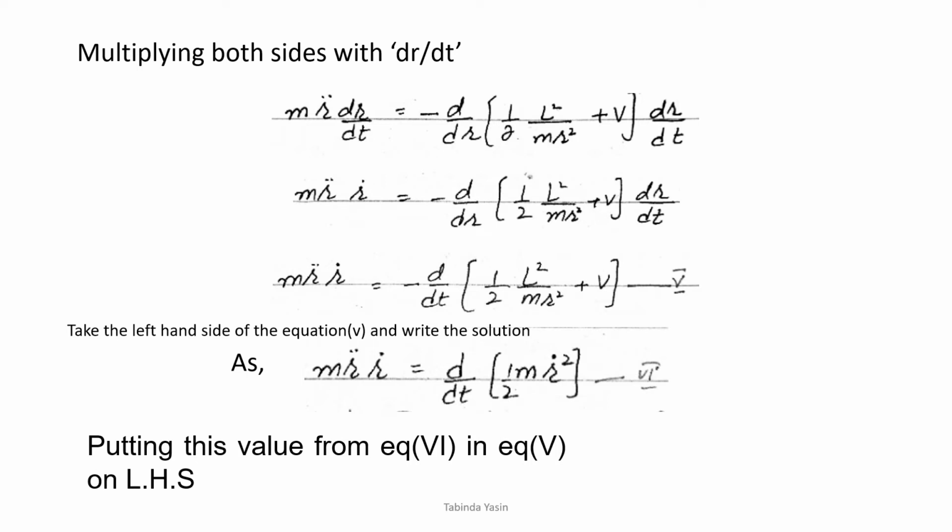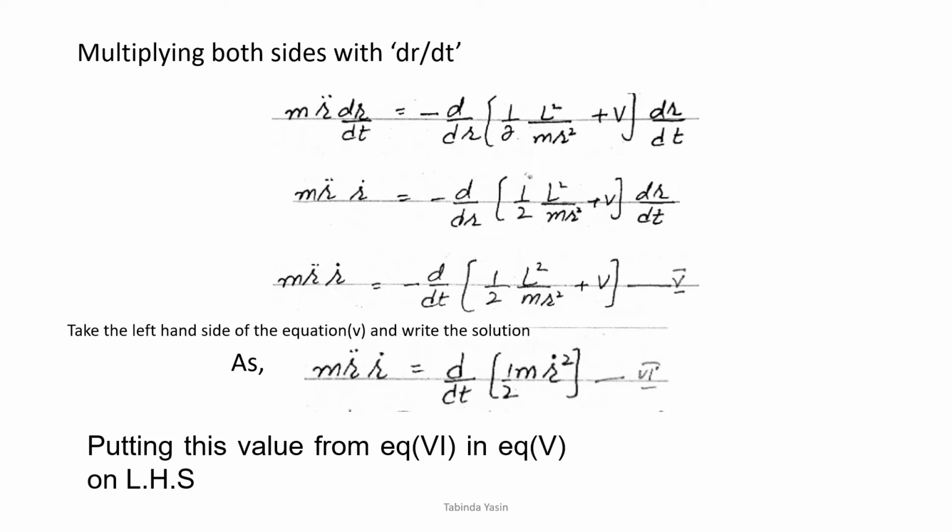From here if you work out, take the differential, we have m r dot 2 by 2 into m r dot into r double dot, that is the same equation we required in the above equation. So the differential form for m r double dot r dot is d by dt into 1 over 2 m r dot square, giving that equation number 6.